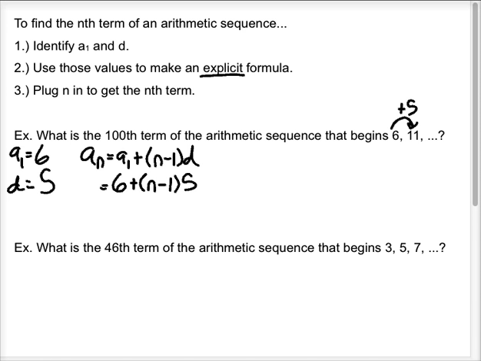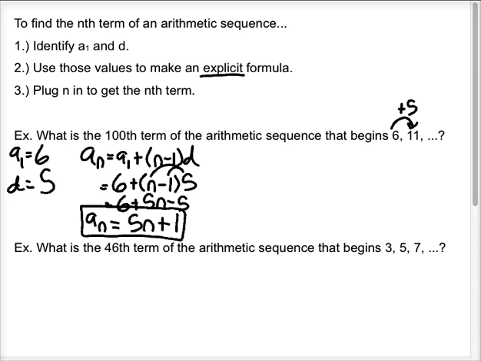All right, so we're going to have 6 plus, distribute that 5. So 5n minus 5. So our equation is going to be 5n plus 1. Okay, so there is our explicit formula.